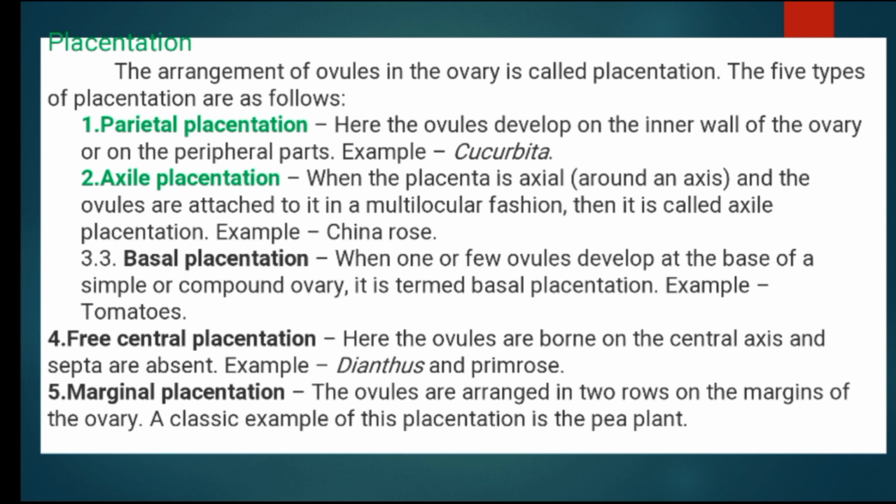This type is known as basal placentation, and a very common example is the tomato. If we take the transverse section of the ovary of tomato, it shows this type of placentation, with all the ovules attached at the base.